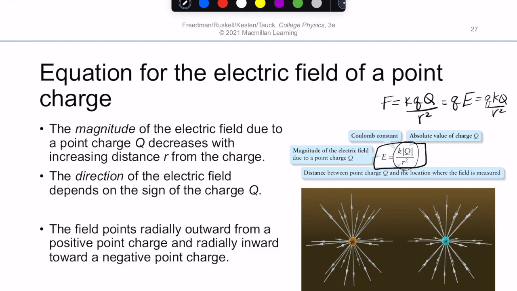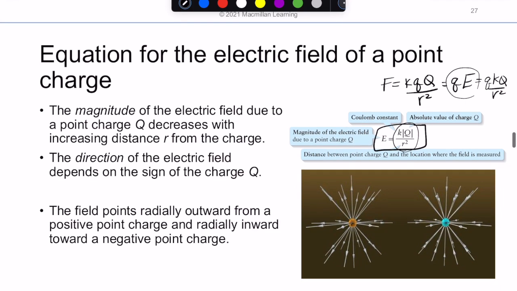That's why electric fields are a way that we express force. It doesn't save us a whole lot of time, but instead of writing kQq over r squared, we can write little qE. So that's the connection there, and this is the equation for an electric field.